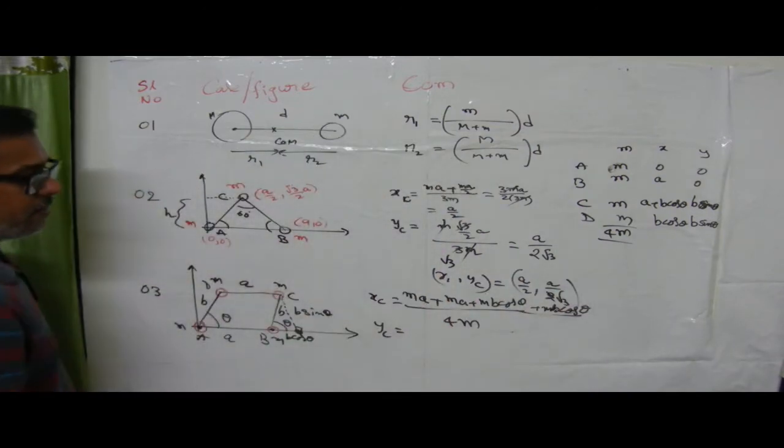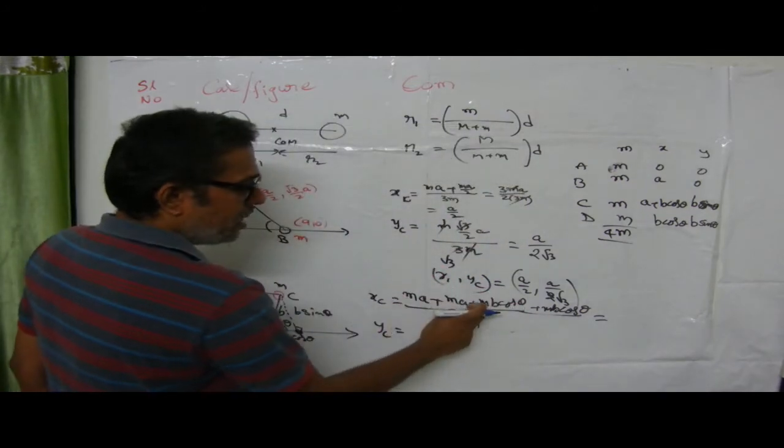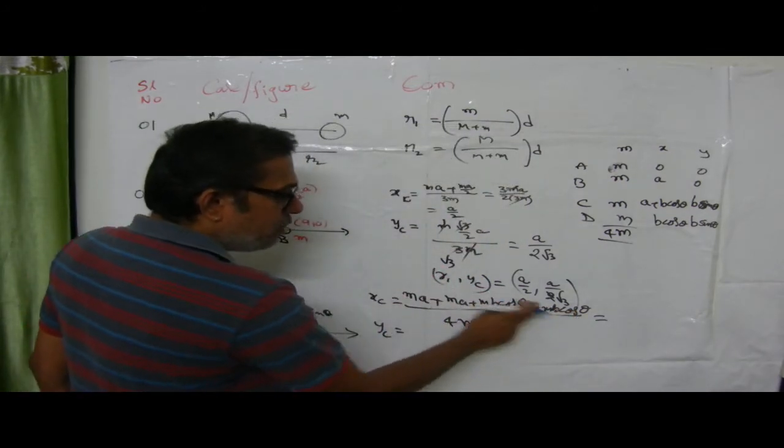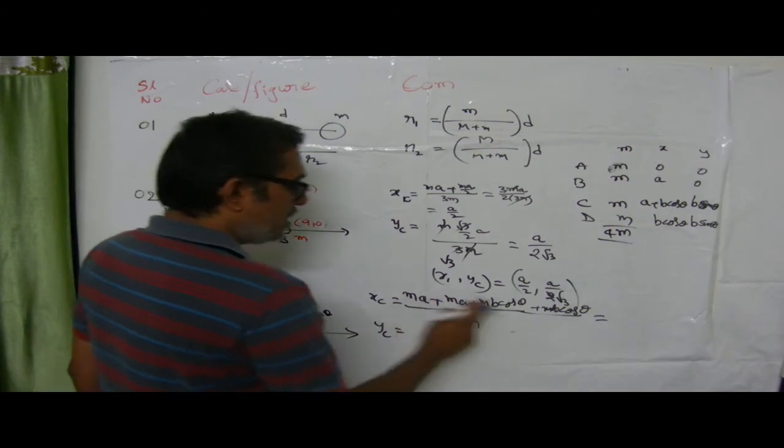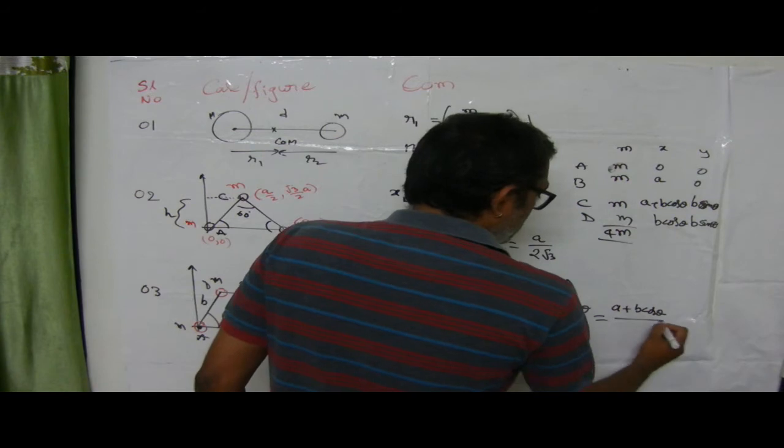Now divide by 4m. Upon solving this, we have ma plus ma, 2ma, and mb cos theta plus mb cos theta, 2mb cos theta, with denominator 4m. Upon cancellation, we have (a plus b cos theta) by 2.